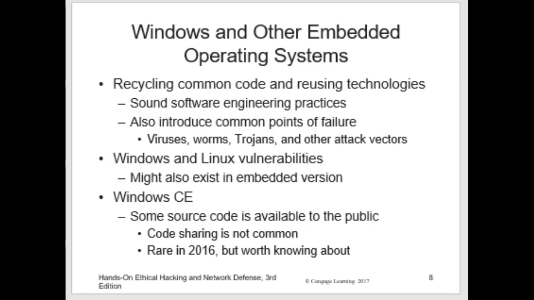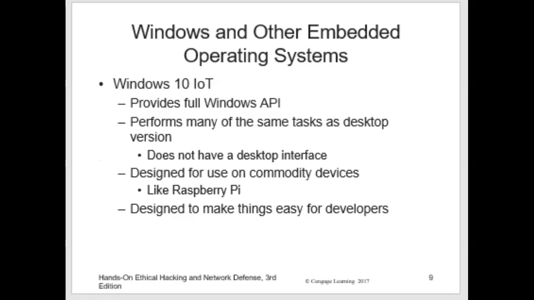In Chapter 8, we discussed the vulnerabilities in Windows and Linux, right? And any vulnerability in those OSs might also exist in the embedded versions because they're using the code again. As you'll also learn in Chapter 8, there are tools out there. The book emphasized MBSA, but I mentioned other tools available for discovering vulnerabilities in Windows systems. Now, some of those tools run an embedded OS review also.